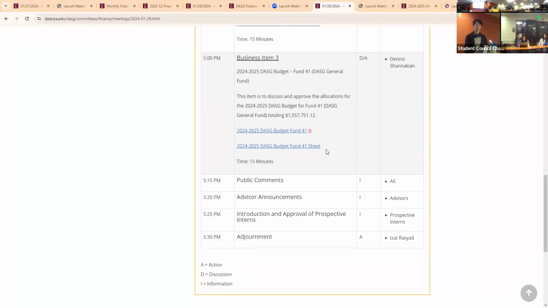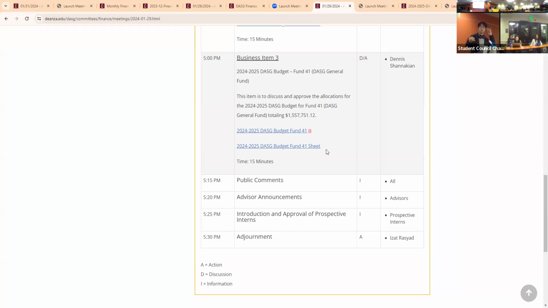Does anyone have any questions regarding the process? Interns are free to join the Senate budget deliberations if you're interested. Is there anyone here who wants clarification on anything about budget deliberations right now? Are we all good? If not, feel free to ask later on if you have any questions.